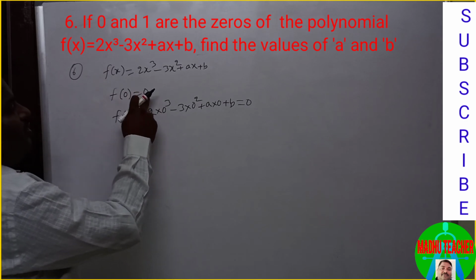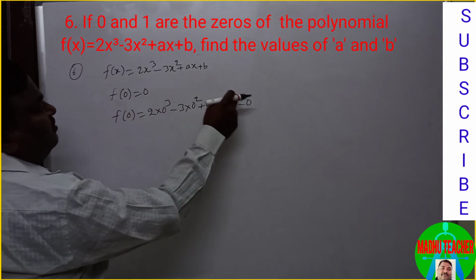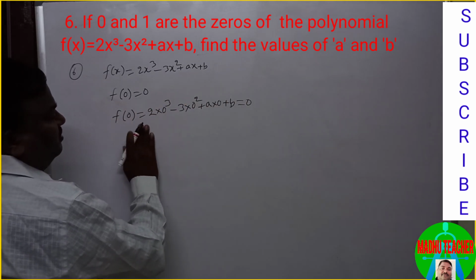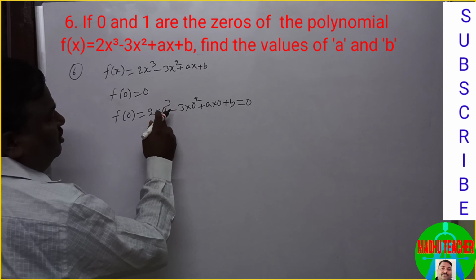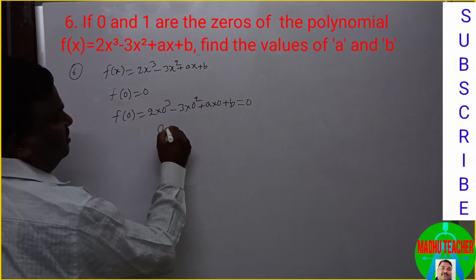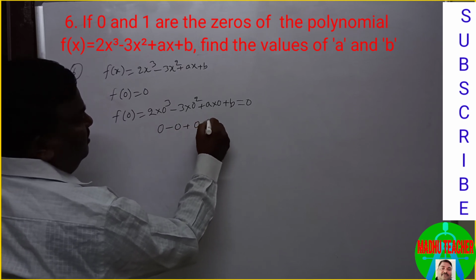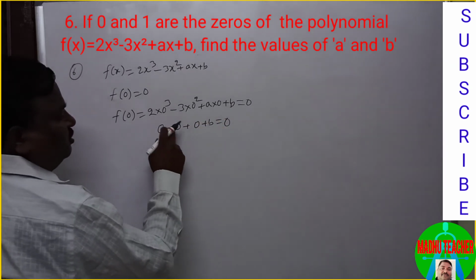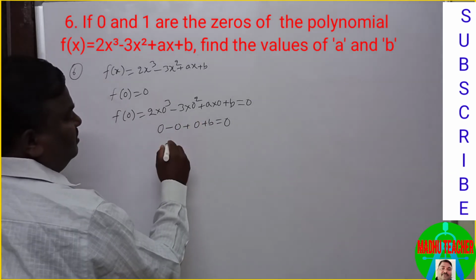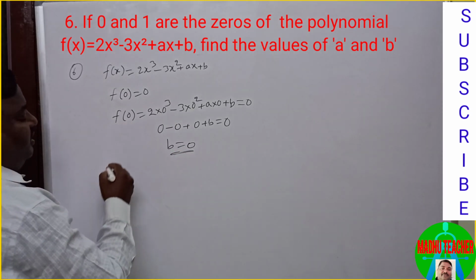Being a 0 of the polynomial means by replacing x with 0 it gives 0. 0 cube is 0, 0 into 2 is 0. 0 square is 0, 0 into 3 is 0. Plus a into 0, 0. Plus b equal to 0. 0 minus 0 is 0, 0 plus 0 is 0, 0 plus b is b. So b equal to 0.